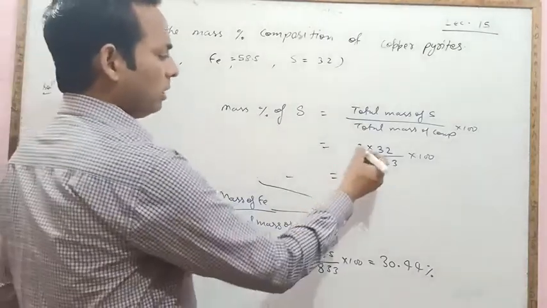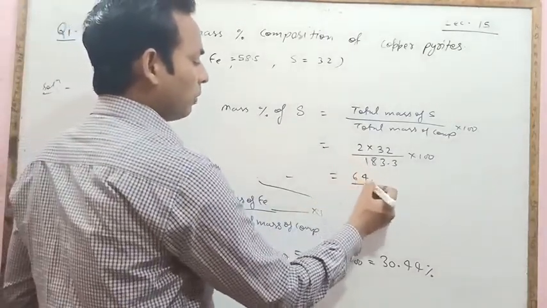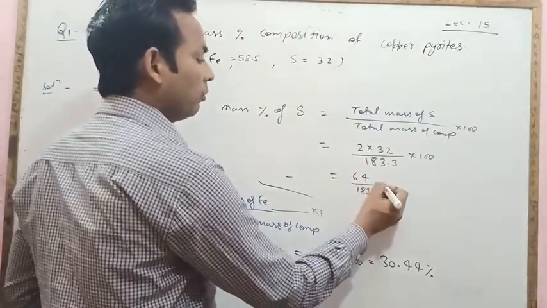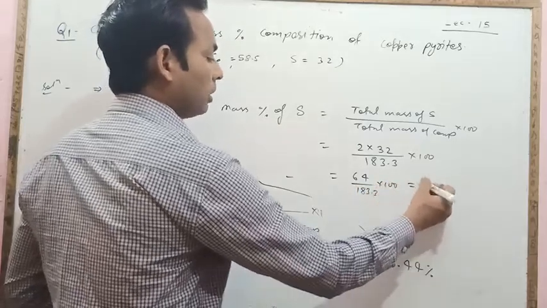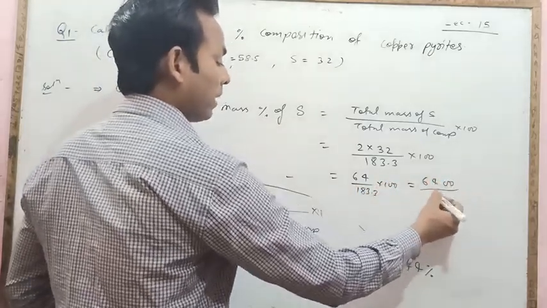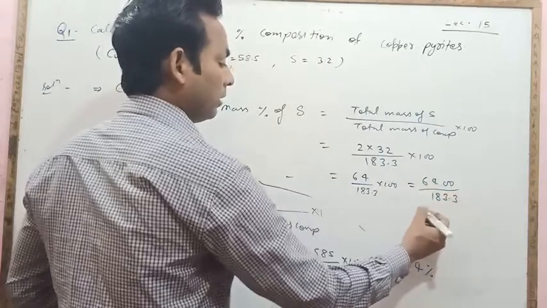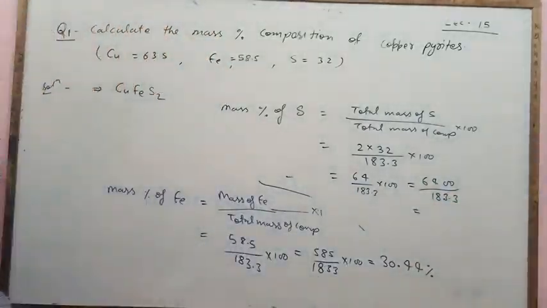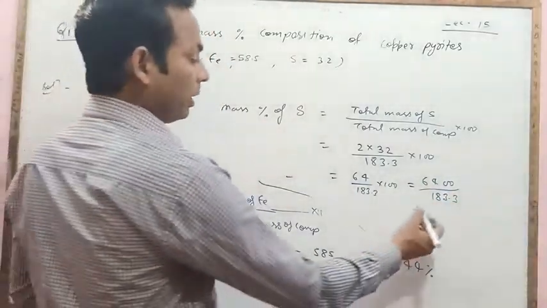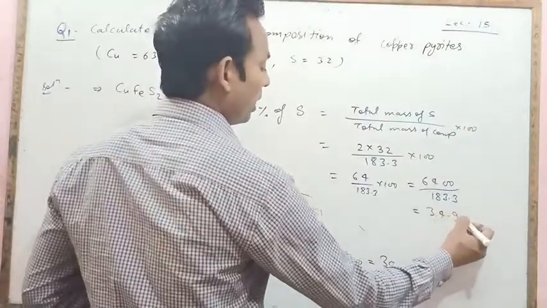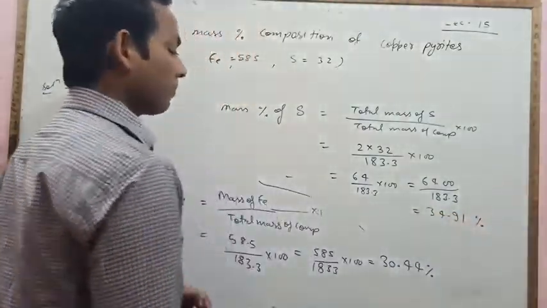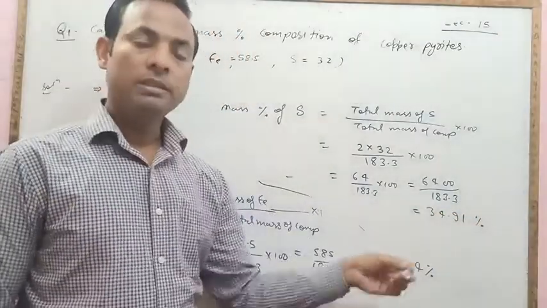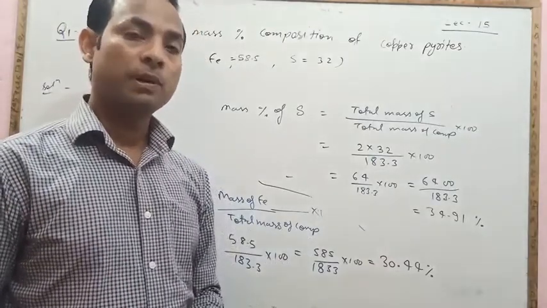So after calculation, this value will be 64 into 100 upon 183.3. Now 6400 upon 183.3. After dividing, the value becomes 34.91 percent. So this is the mass percentage of sulfur.